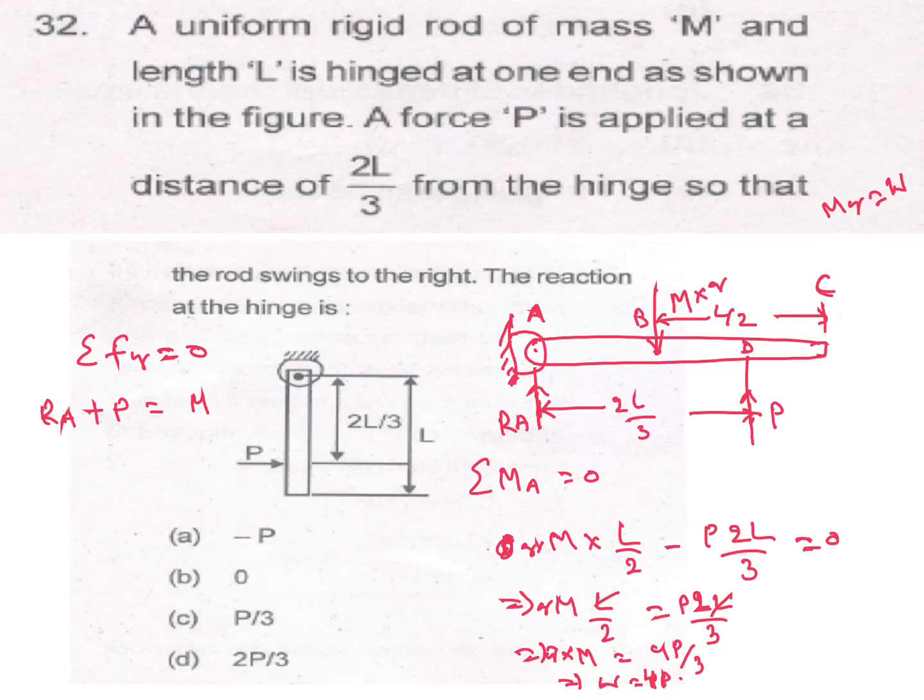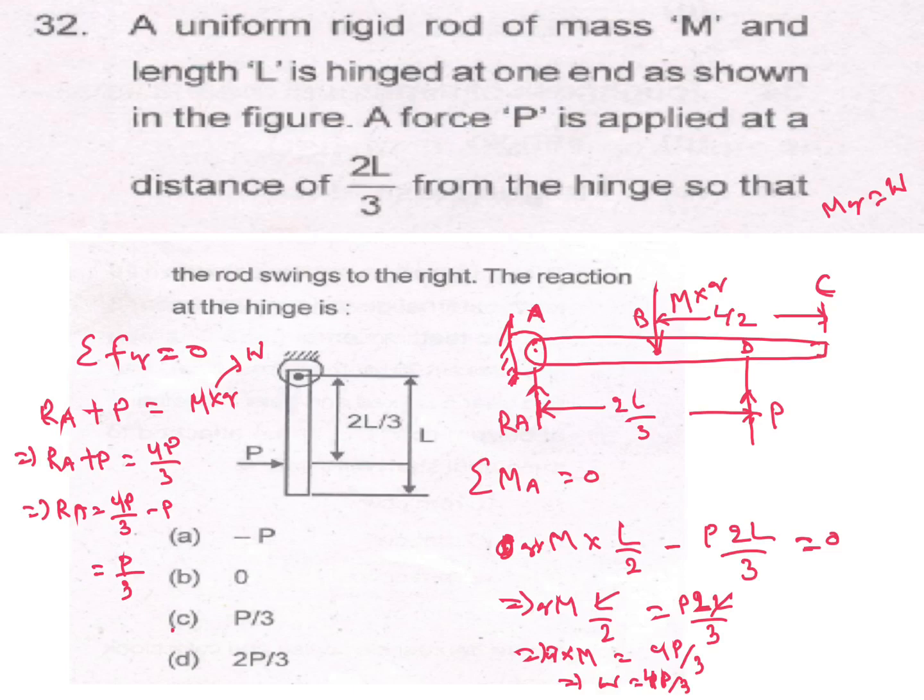So RA plus P equals W, mg is W, 4P by 3. So the RA value is 4P by 3 minus P, we will get P by 3. This is our answer. So from the options, C is our answer.